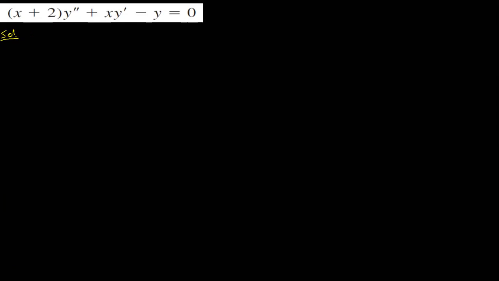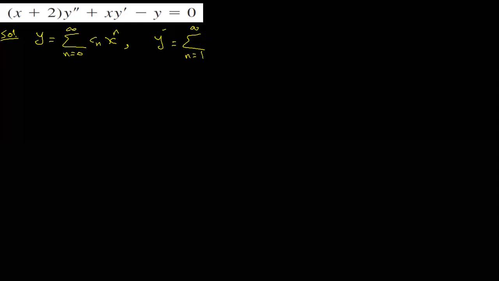First of all, I'm going to write my y as a power series. It's summation from n equals 0 to infinity of Cn x to the power n. And its first derivative from my cheat sheet is given to be summation from n equals 1 to infinity n Cn x to the power n minus 1.